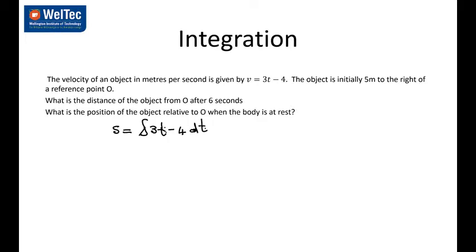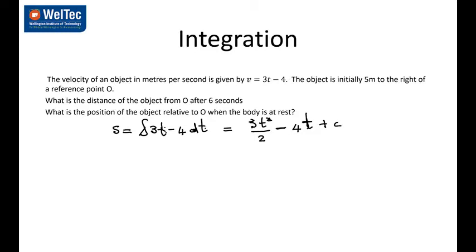If we work that out, it's 3t squared over 2 minus 4t plus c. Now you need to work out what c is.